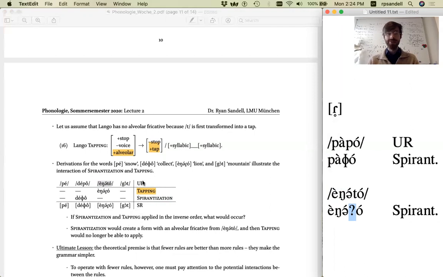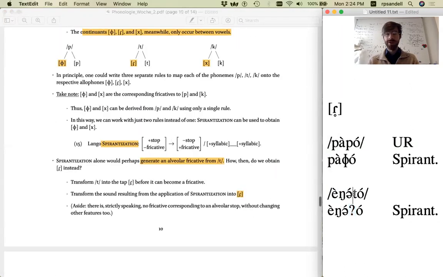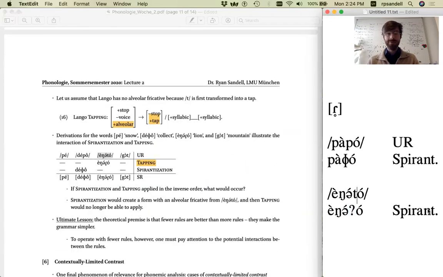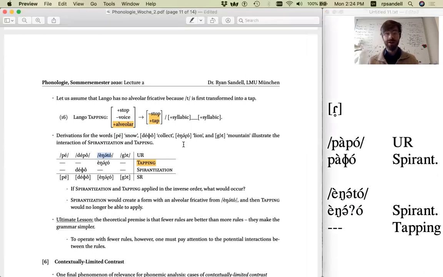So the application of the spirantization rule, which would change a stop into a fricative, would create some other sound, and then tapping would no longer be able to apply because now we would have a fricative here instead.